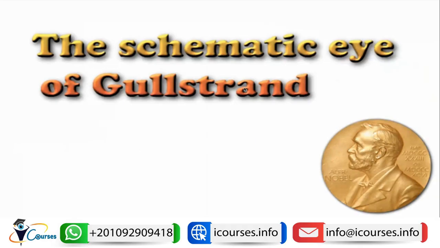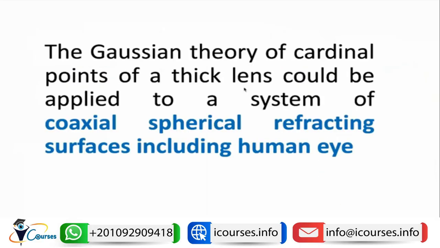So let's see how Gullstrand formulated his schematic eye. The base of the Gullstrand discovery was the Gaussian theory. The Gaussian theory that we mentioned in the last lecture is the theory of a thick lens, or the thick lens formula. If we have different refracting surfaces that are centered on a common axis, this is considered a thick lens.